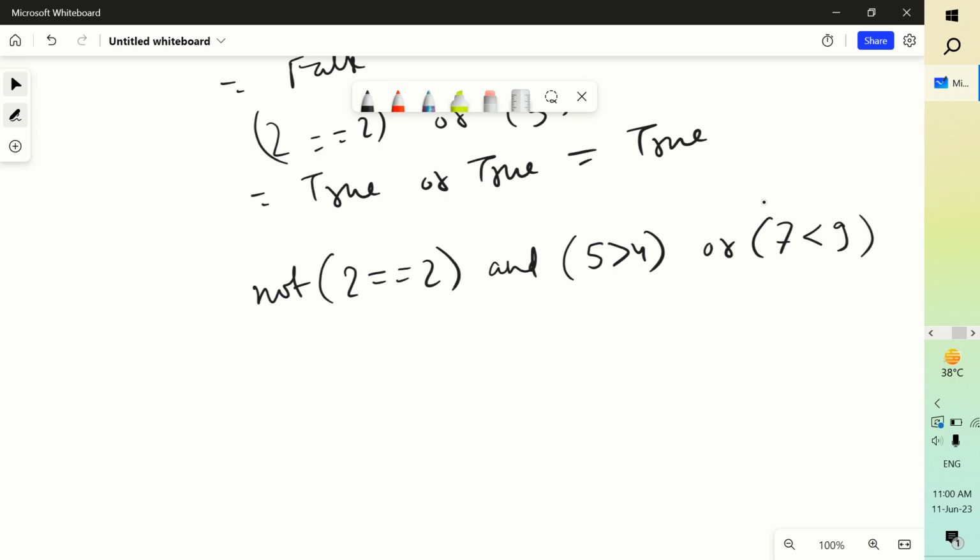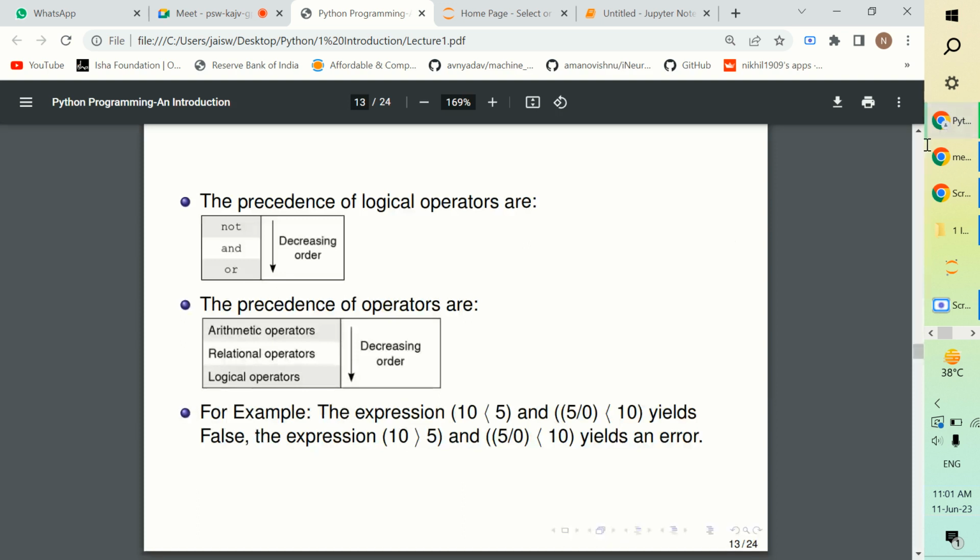So all the three operators are there. So what was the precedence? We saw that first of all the not operators will get operated, then all the and operators, then all the or operators.